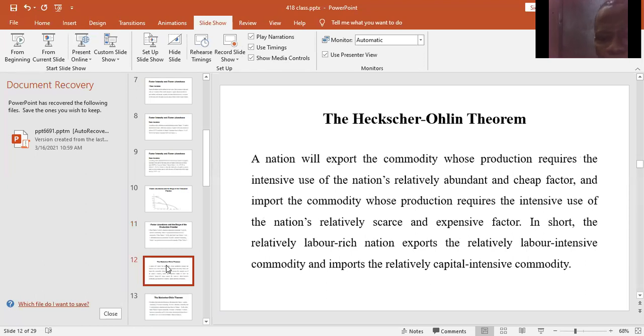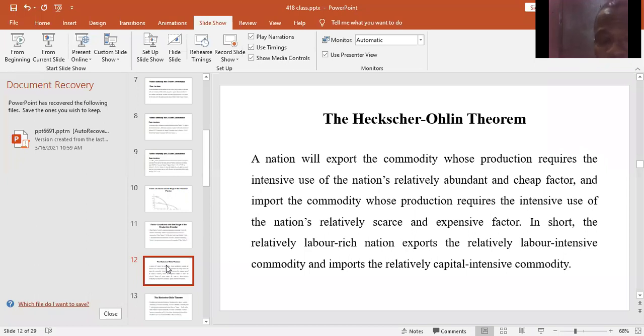As I explained earlier, a nation will export a commodity whose production requires the intensive use of the nation's relatively abundant and cheap factors, and import the commodity whose production requires intensive use of the scarce factors. I think I've explained this earlier, and that is the key message in this theory. If you can understand the key message in this theory, that's what the theory is about. Any other thing we do is just to give some basic economic analysis to the theory.